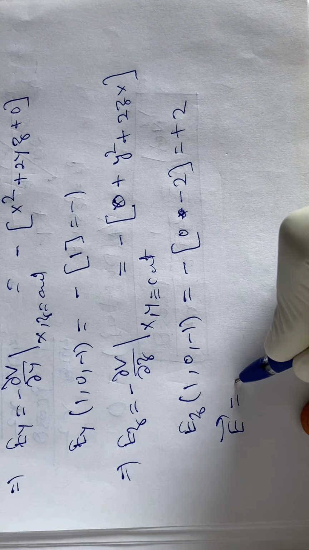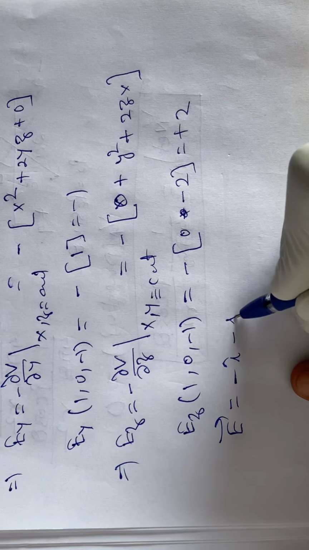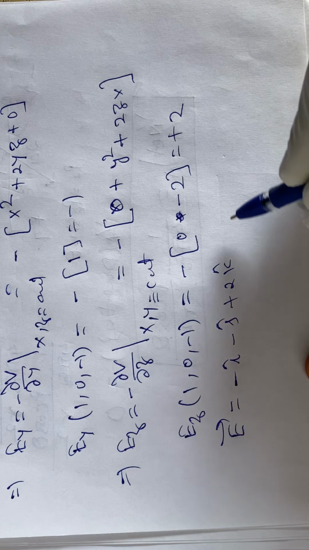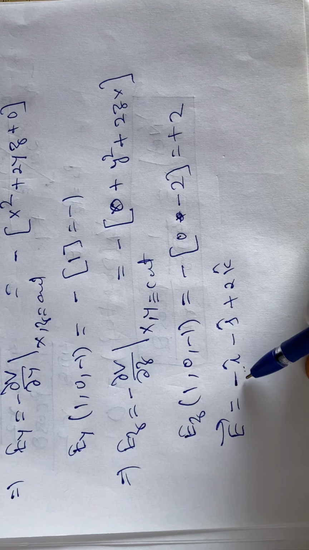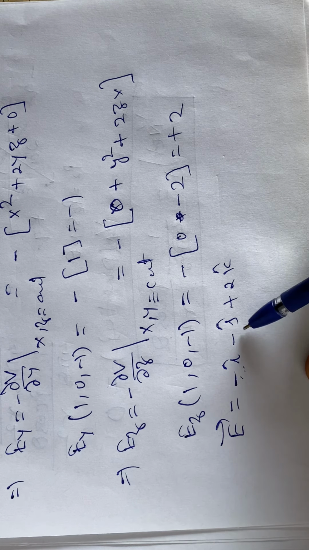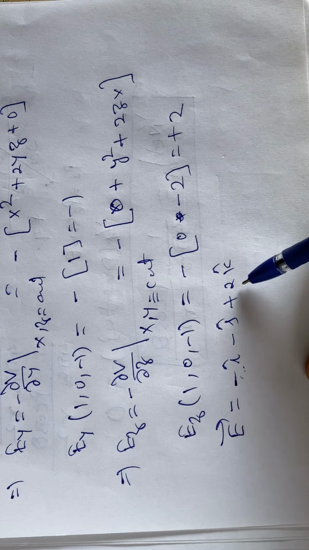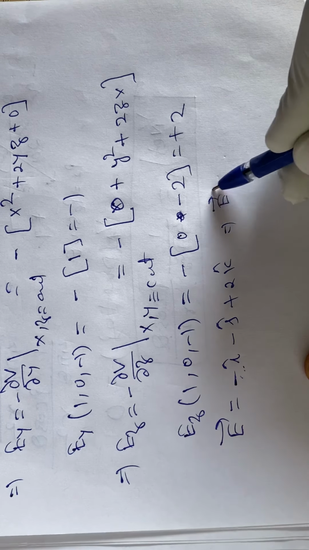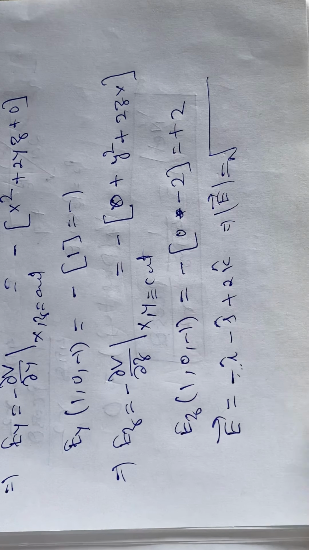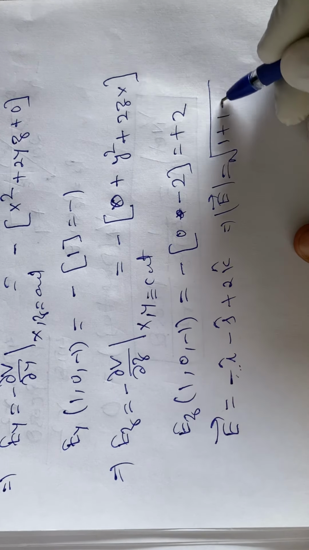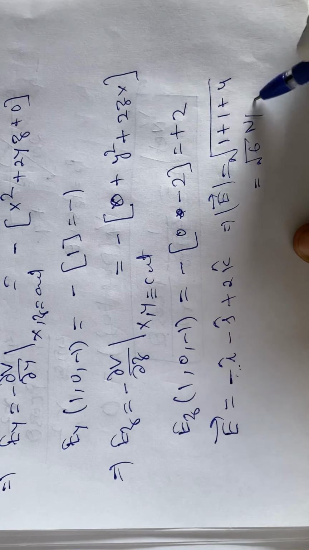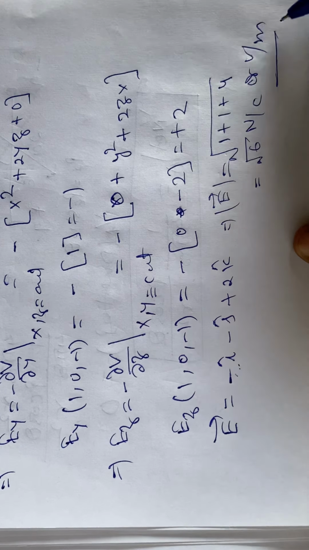This is minus i cap minus j cap plus 2 k cap, because it's 1 Newton per Coulomb along minus x-axis, 1 Newton per Coulomb along minus y-axis, and 2 Newton per Coulomb along z-axis. If we want to write its magnitude, this comes out to be the square root of 1 plus 1 plus 4, that's root 6 Newton per Coulomb or volt per meter.